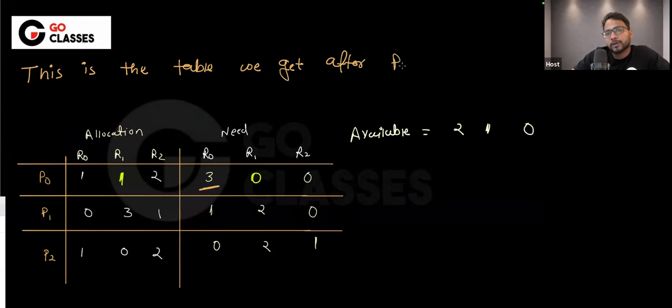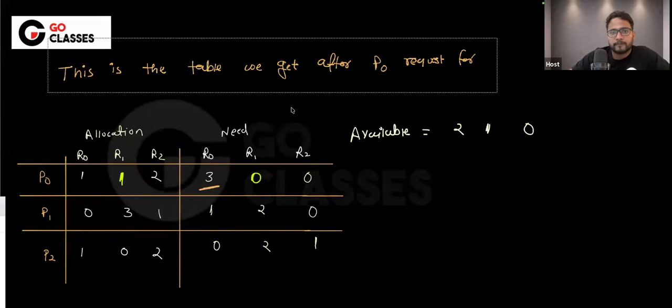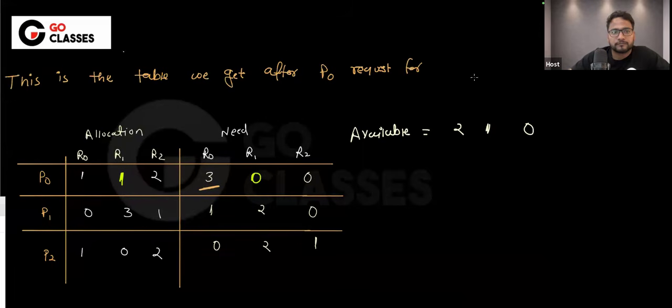after P note requests 0 1 0, right? Just a second, let me write here only. Okay. After P note requests 0 1 0, this is the table.